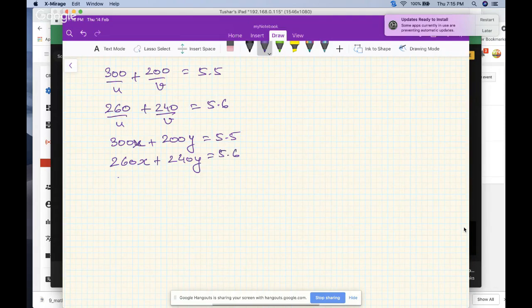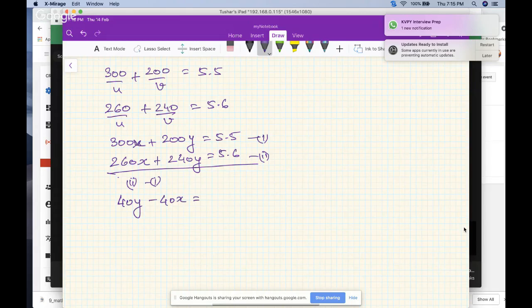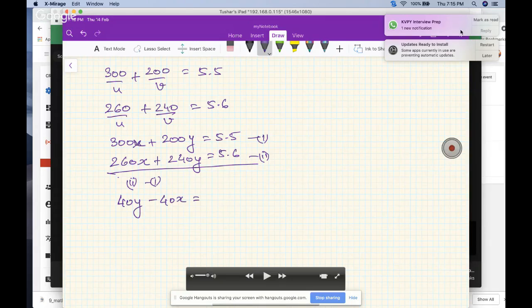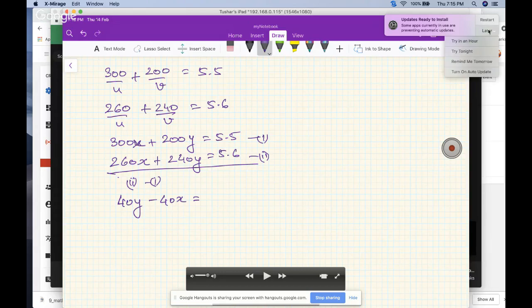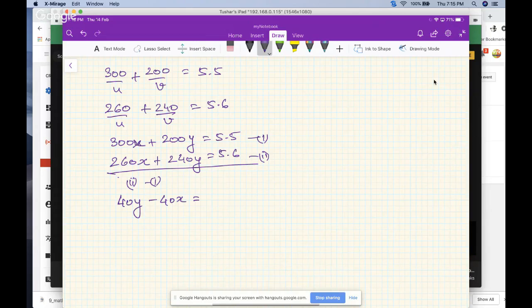And then let's say this is 1 and this is 2. So do 2 minus 1 and you will get 40y minus 40x is equal to 0.1, and hence I can write y minus x is equal to 0.1 by 40, which is nothing but 1 upon 400.